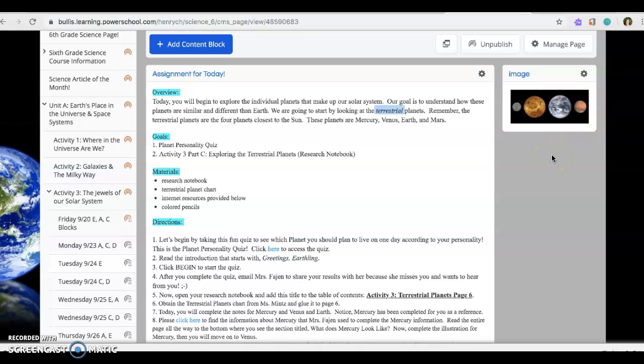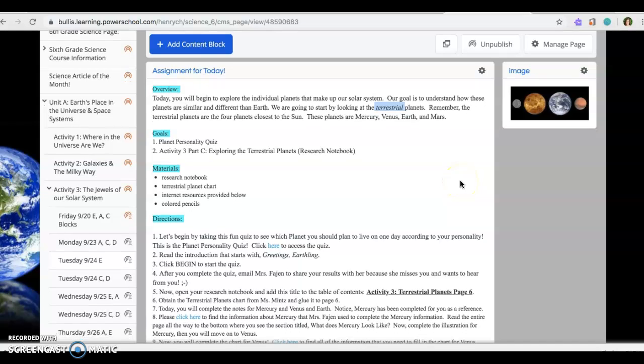And they're classified as the terrestrial planets because they all have solid rocky surfaces and are considered Earth-like in that way. So they all have different land features similar to what we have on Earth, such as volcanoes and mountains and other surface features that you'll learn about as you continue to explore them.